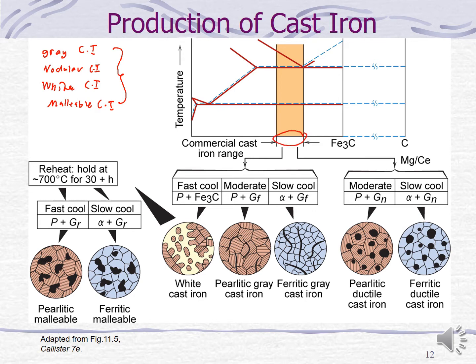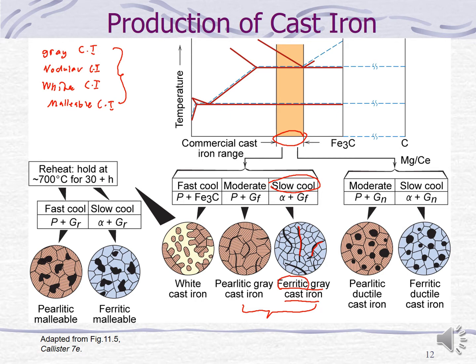So if you look here, in order to produce a grey cast iron, if you apply a slow cooling rate, it will produce ferritic grey cast iron, meaning that the graphite, the black color indicating the graphite, is surrounded by the ferrite.